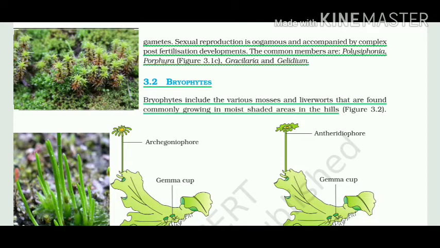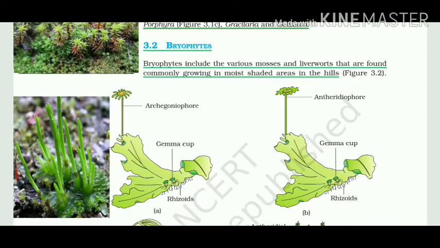They can be divided into two parts: one is mosses and the second is liverworts. They can easily grow in moist shaded areas in the hills. They can grow both in the water as well as on the land. In the second picture, you can see how they are growing in the water.